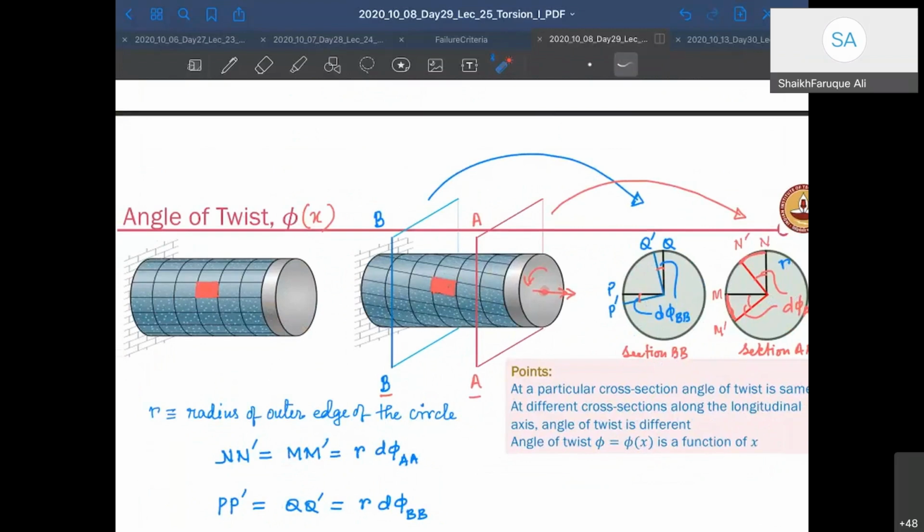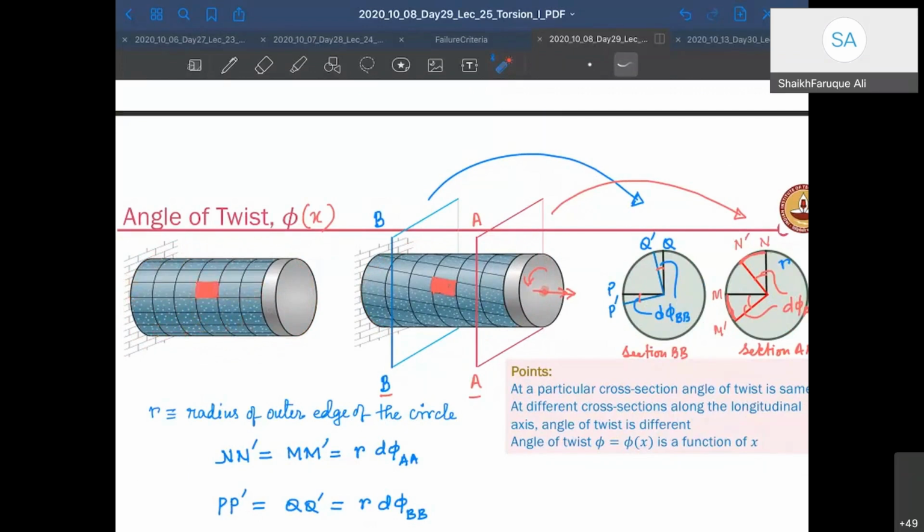Suppose this diagram is before twist, and this diagram is after twist. Before twist, you make a mesh of circular and horizontal lines, and you see there is an almost rectangular element, right?